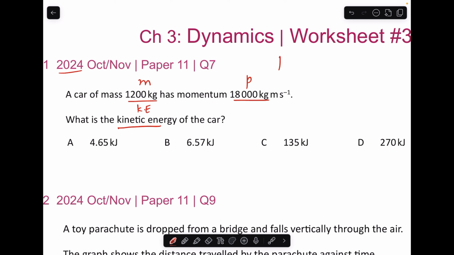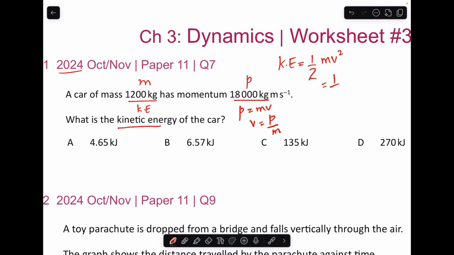Kinetic energy, we know, is equal to half mass into velocity squared, right? But we don't have the velocity, so we can find the velocity from the momentum. We know momentum is equal to mass into velocity, so velocity is equal to momentum over mass. You can put this into the kinetic energy formula.